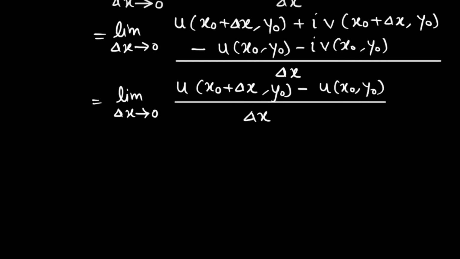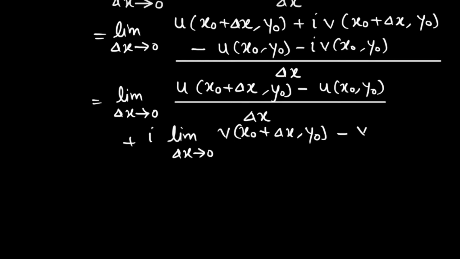Okay, and the v term is iota times limit delta x tending towards 0 of v of x naught plus delta x comma y naught minus v of x naught comma y naught over delta x.